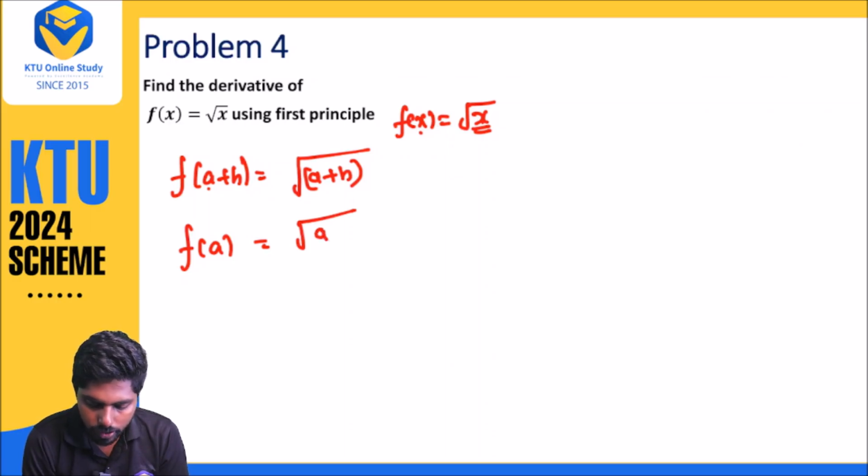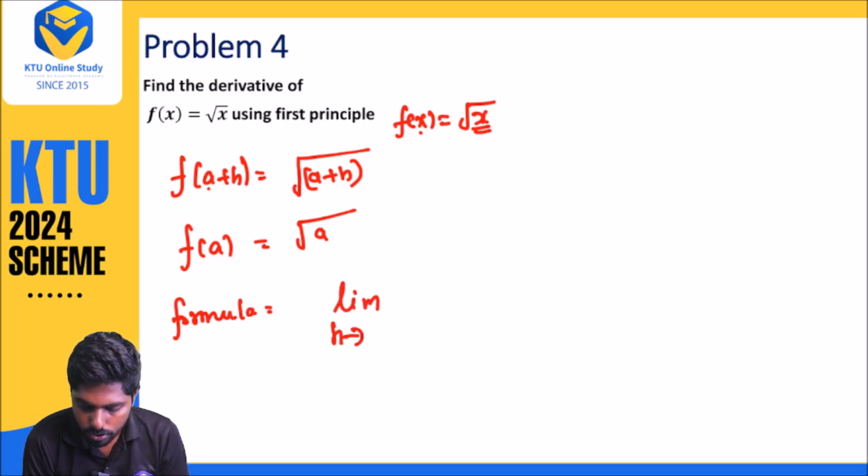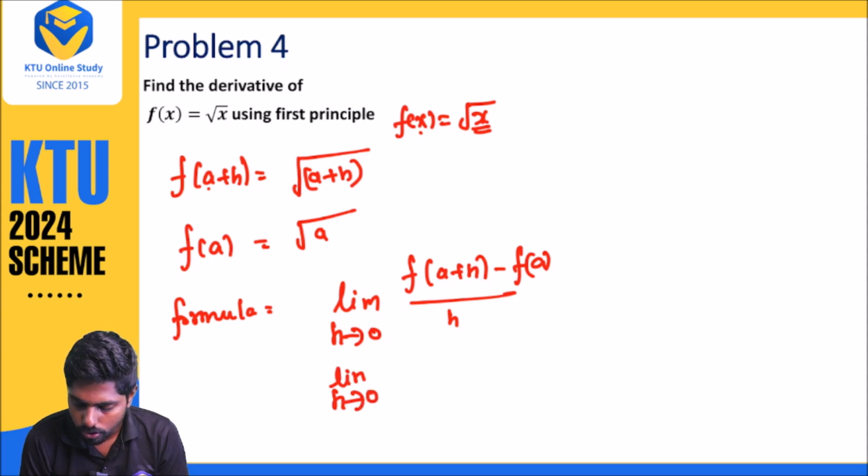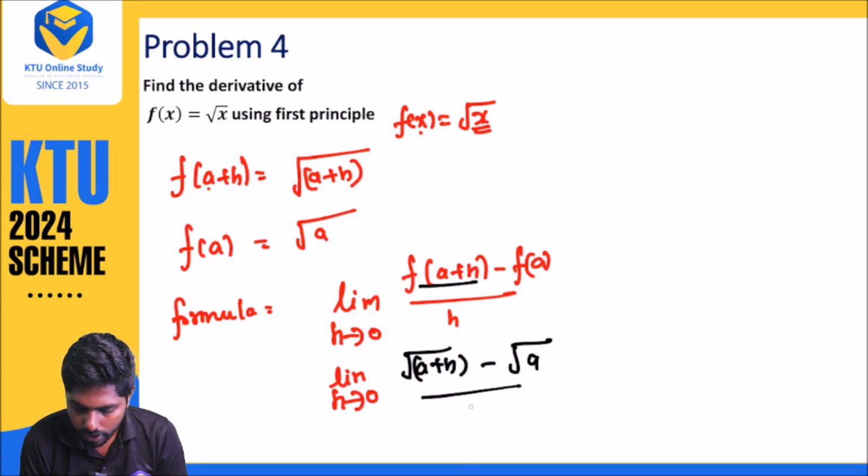So applying in the formula, limit h approaches 0, f of a plus h minus f of a divided by h. This one is nothing but root of a plus h minus root a divided by h.